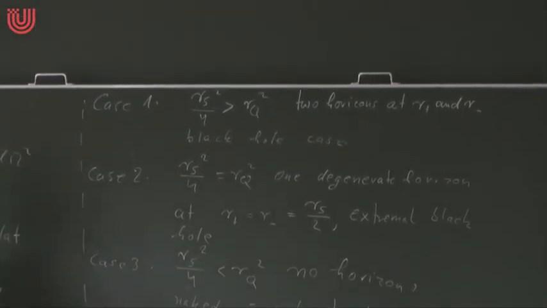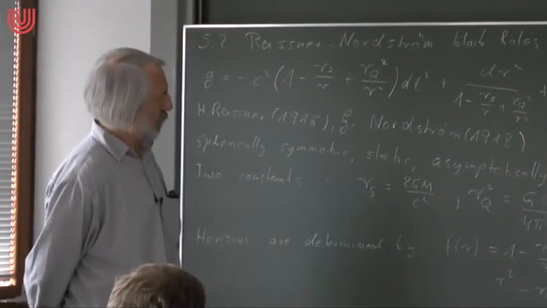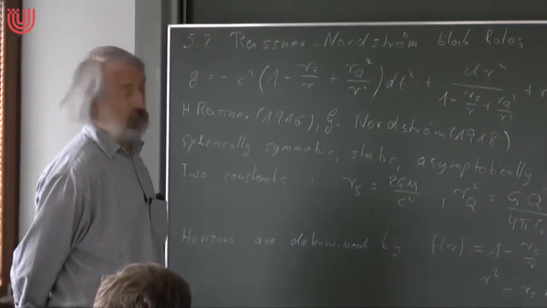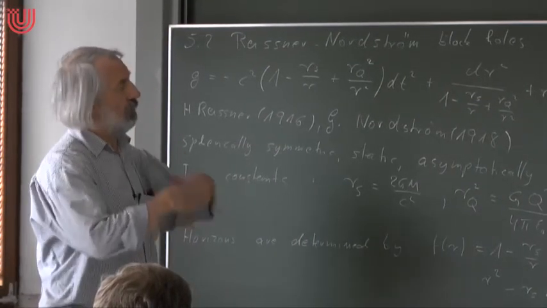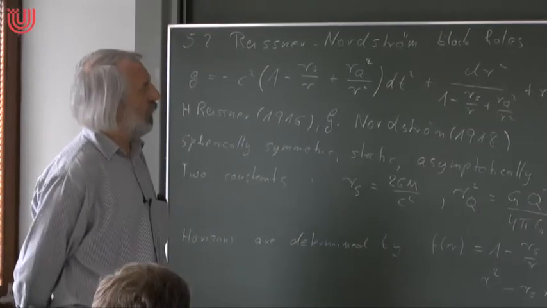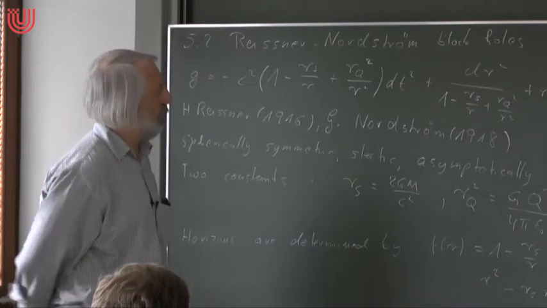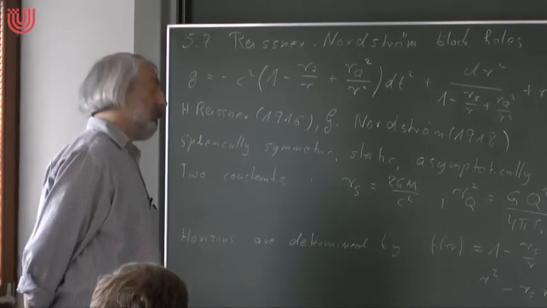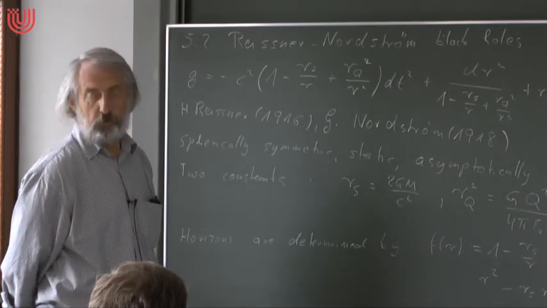And if we want to understand what exactly is going on at the horizons in the cases where they exist, then we will do the same thing which we did for the Schwarzschild and the Kottler case. We will do a continuation of the metric across the horizons. So we will match the parts on one side of the horizon with the parts on the other side with the help of appropriately introduced coordinates.